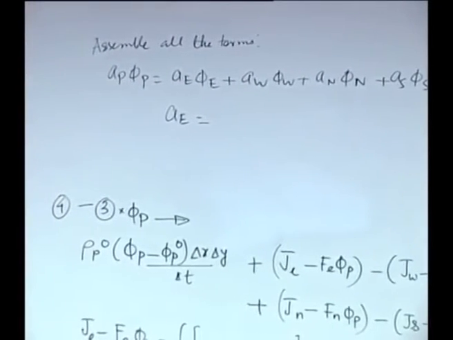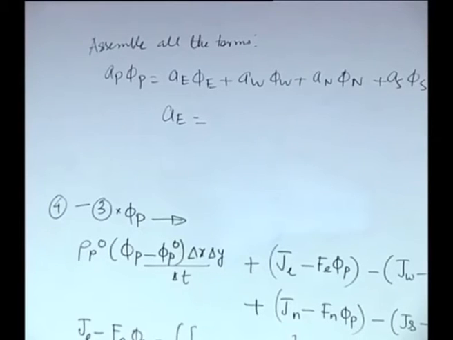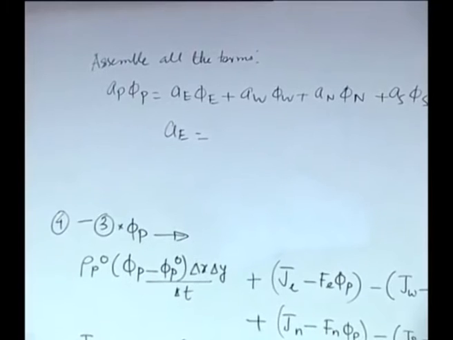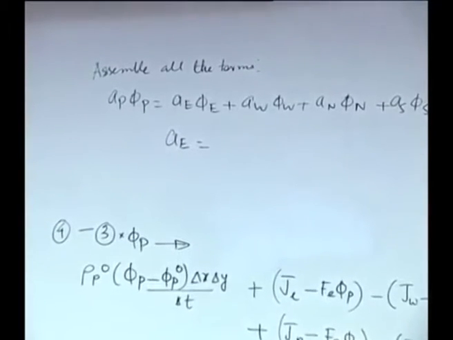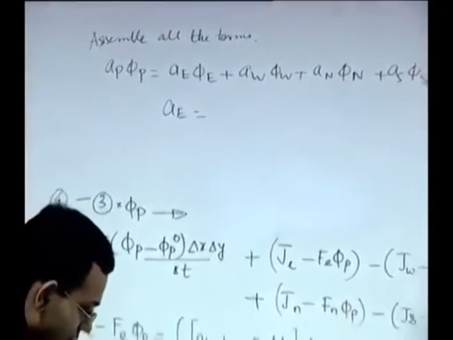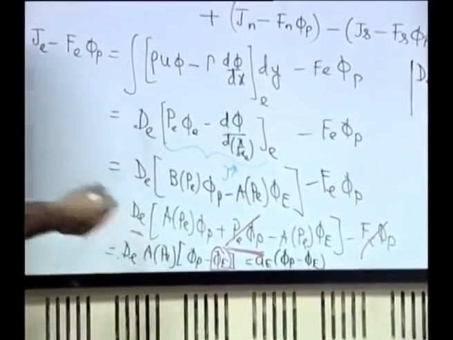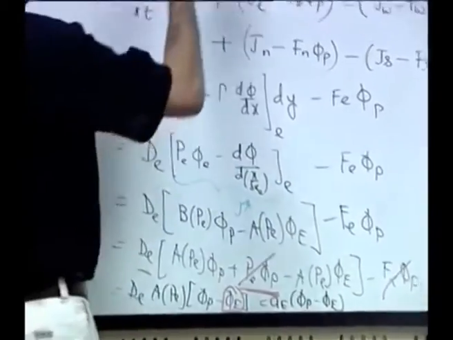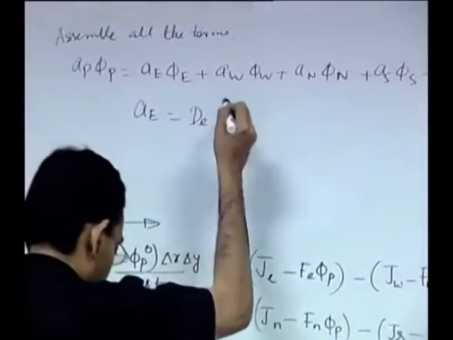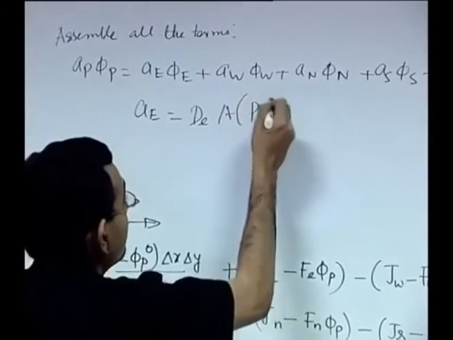Out of this, how can you define what is AE, for example? In this particular form, where has it come from? It has come from the multiplier with phi e. What was that? dE into A of p.